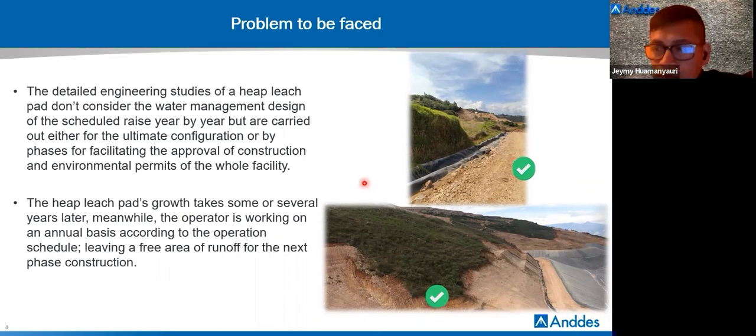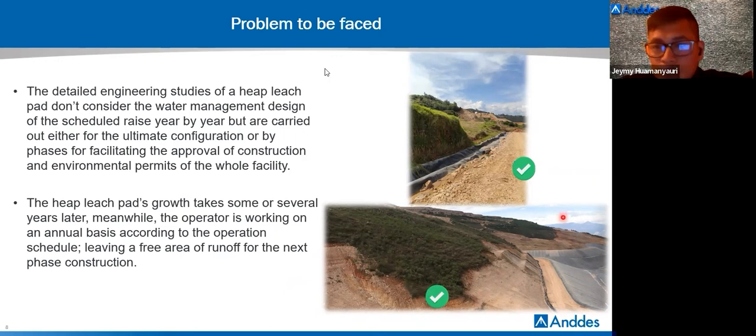So it is completed during the operation, or planning is made year by year, before the start of operation. Because the heap leach pad grows over several years, meanwhile the mining operation works on an annual basis according to the operation schedule.